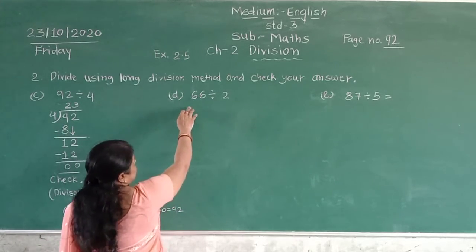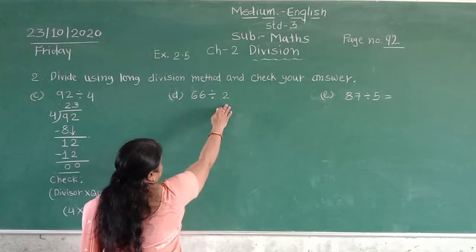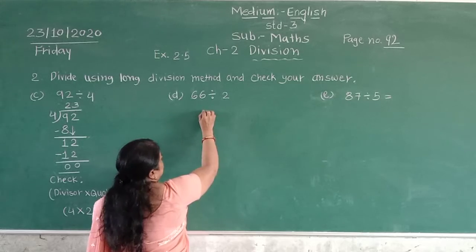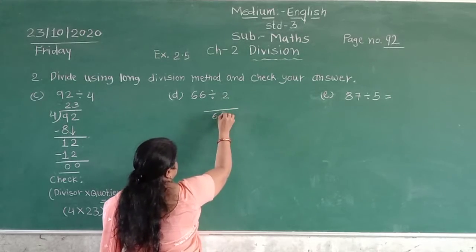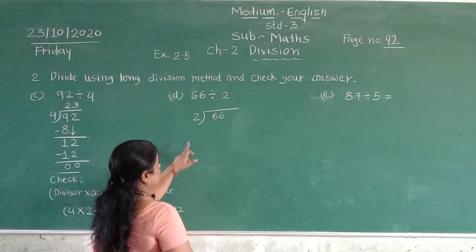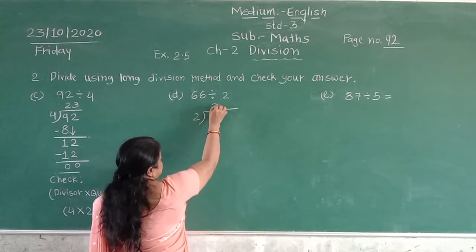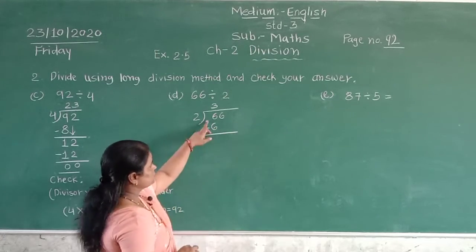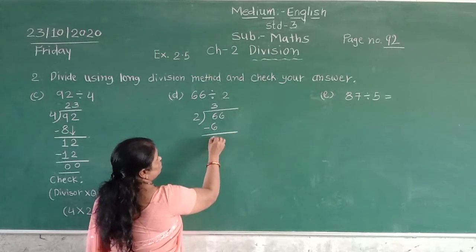Now next sum, 66 divided by 2. So 66 divided by 2. 2 3s are 6. 6 minus 6, 0.